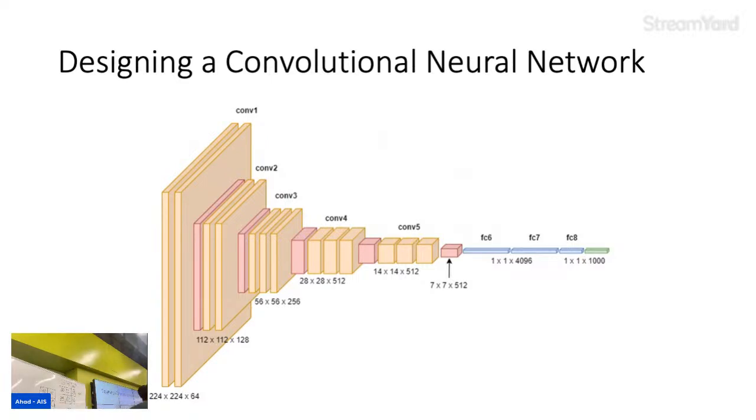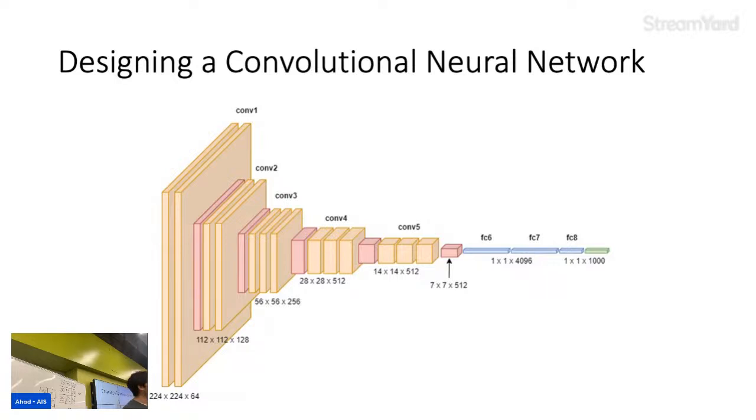The main image here is like 224 by 224, and then we have to progressively make them smaller to get maybe one classification value. So the whole deal with designing these networks is that we have to make them smaller in a way that they get to the size we want.